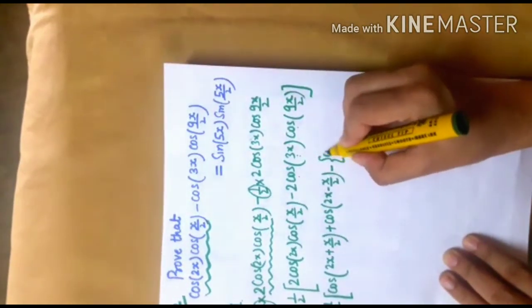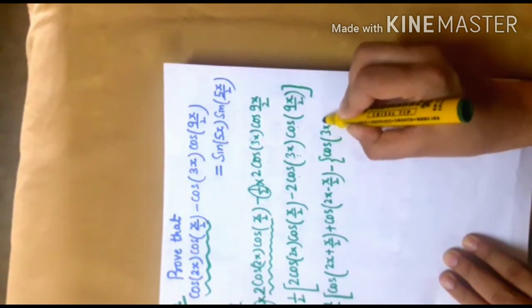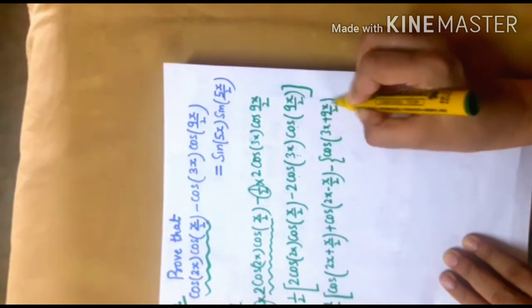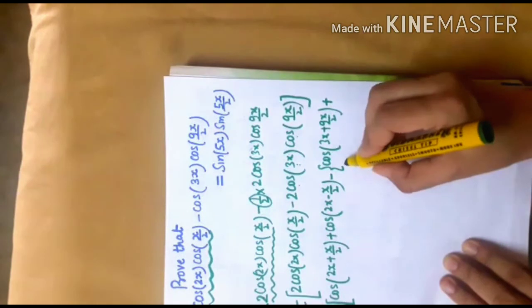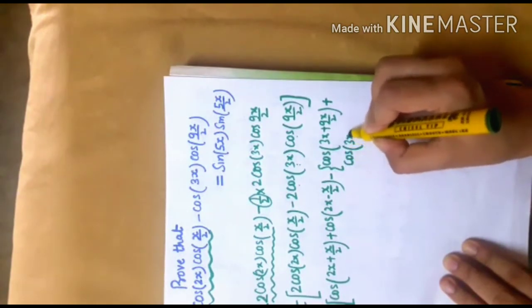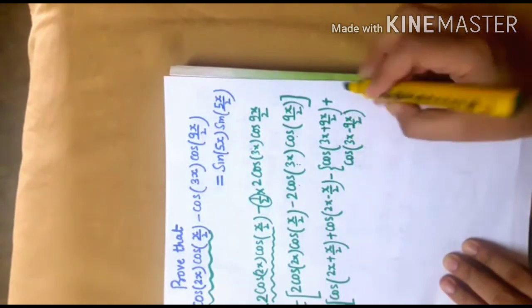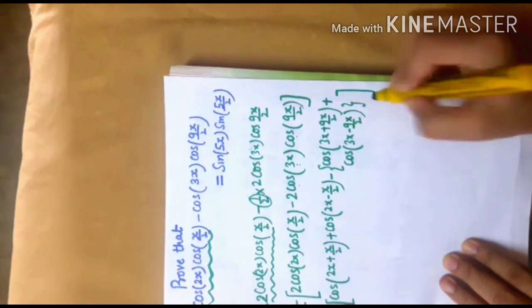So I'll get cos 3x plus 9x by 2 plus cos 3x minus 9x by 2 and this whole bracket.